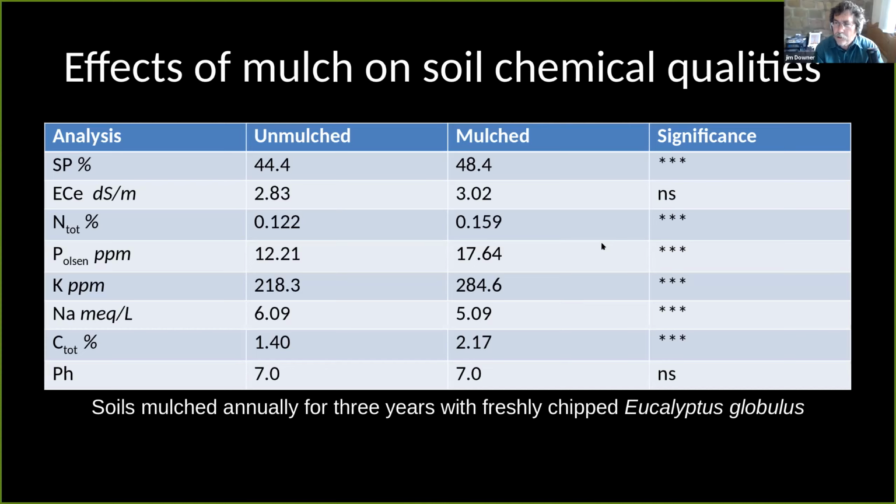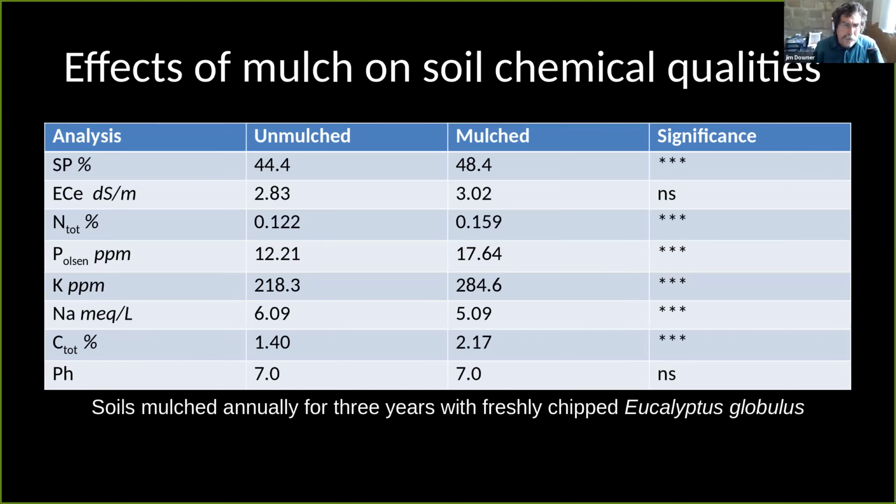We had an issue in Ventura County where LA County was trucking semi-loads of fresh green waste to orchards in Ventura County. And some of those orchards were along the Santa Clara River, and they were mulching to depths of 3 feet deep. And that is going to, in time, put a nutrient pulse on a sandy soil near a waterway that's going to impact the waterway. So yes, you can overdo it, and you shouldn't overdo it.